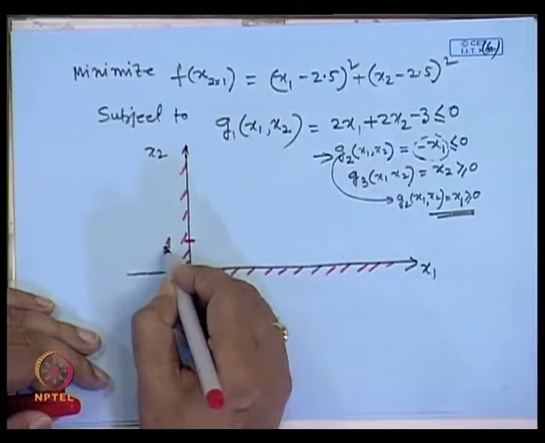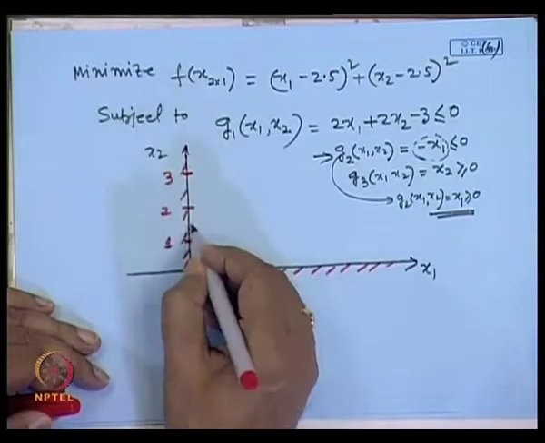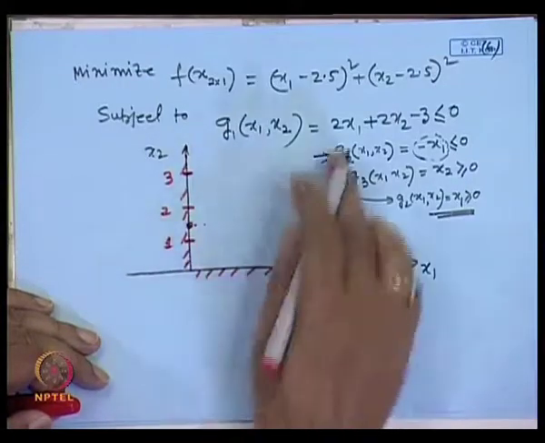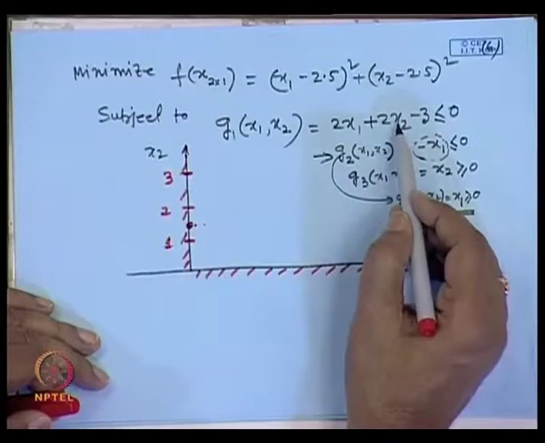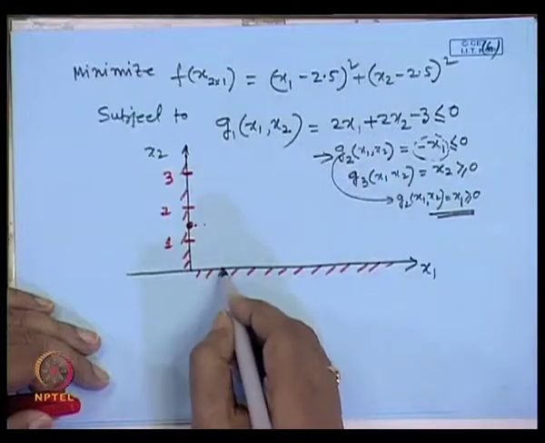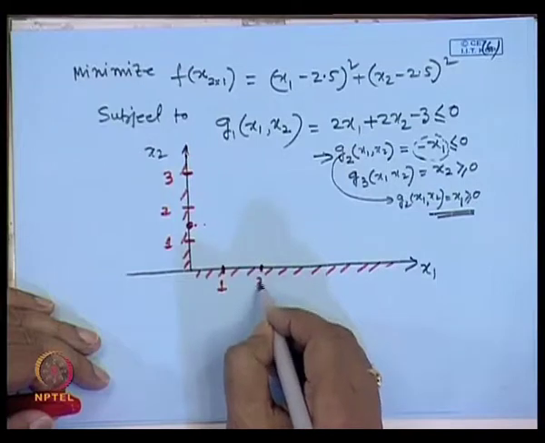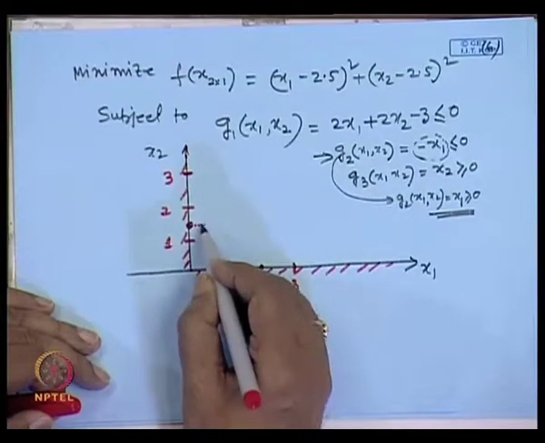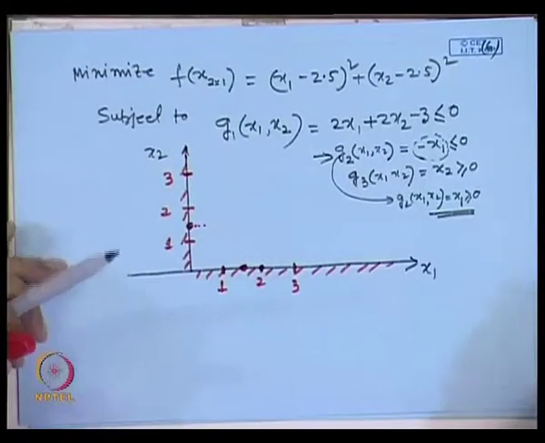Let us call this 1, this 2, this 3. So, 1.5 is here, this point. Then, when x 2 is 0, x 1 is again 1.5. So, 1.5 is here. This is the equation of the straight line.